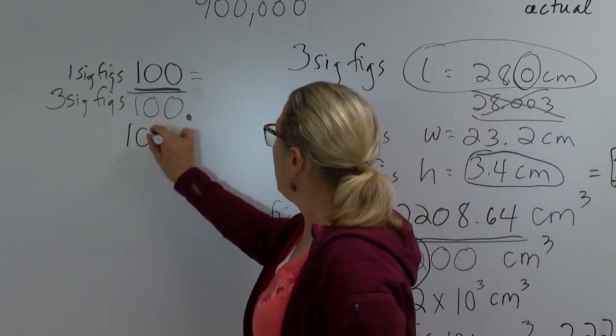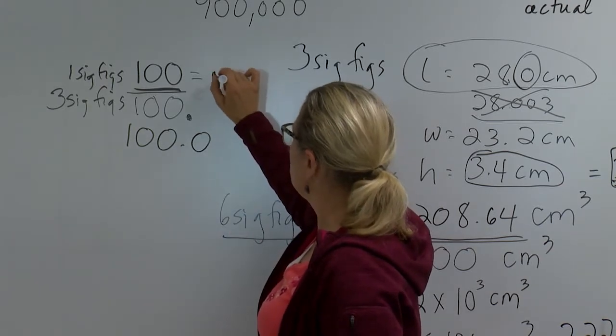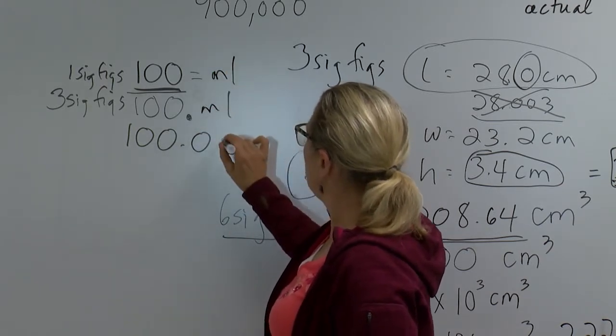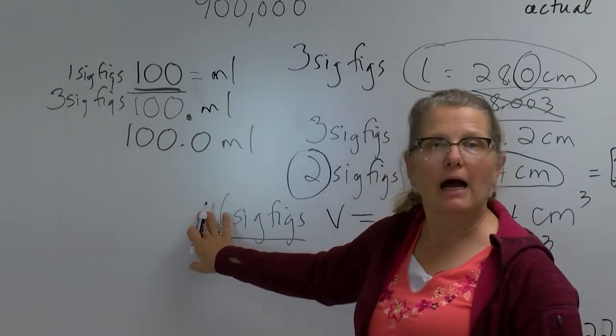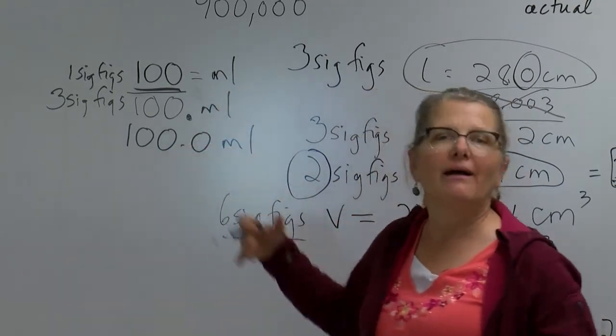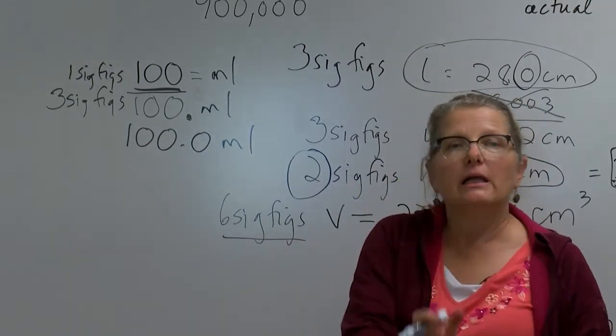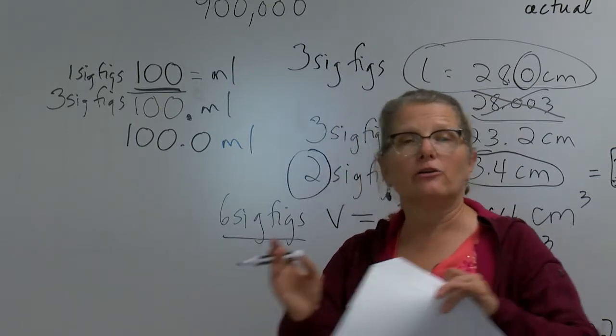If I have a number like 100.0, let's just say we're measuring milliliters. Whenever you write a number in science and there's a unit involved, make sure you have the unit. Again, with the baby medicine, is it in cc's? Is it in milliliters? Is it in ounces?